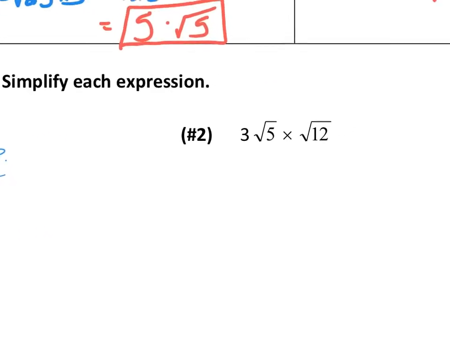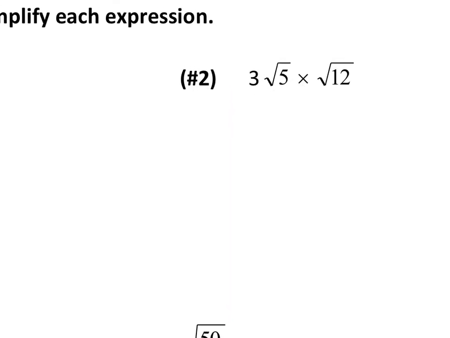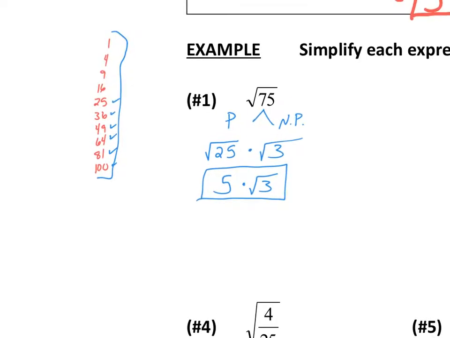Okay, number 2. In number 2, you can think about doing this 2 ways. What I like to do is either combine the 2 radicals into 1, or you can try to break them apart. So let's start with 5. Can you divide 5 by any of these perfect squares over here?